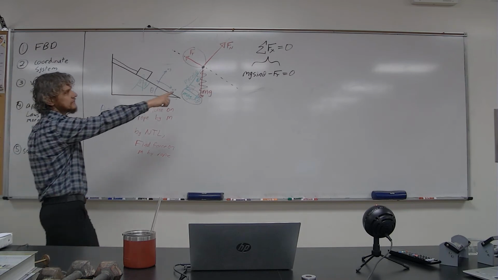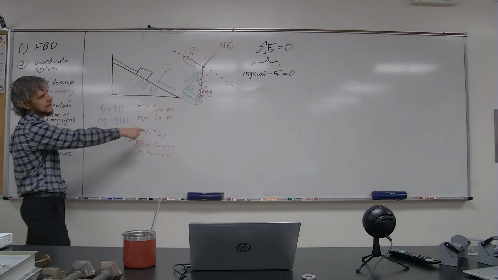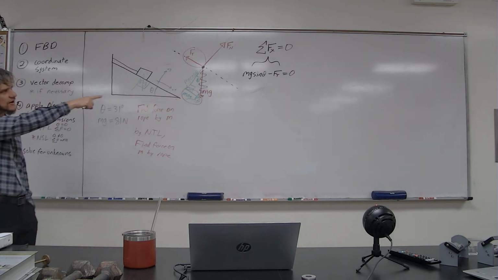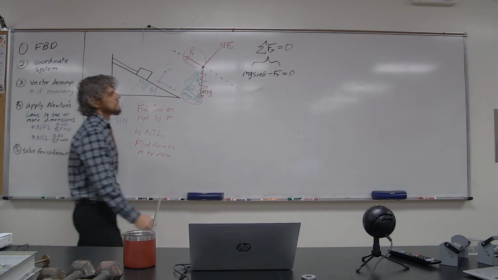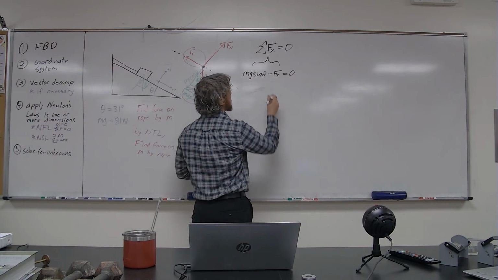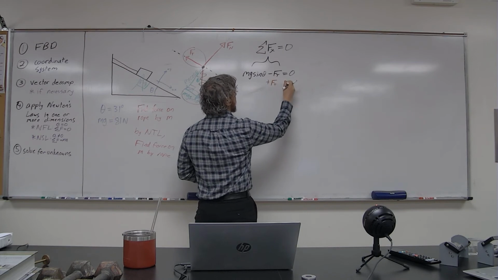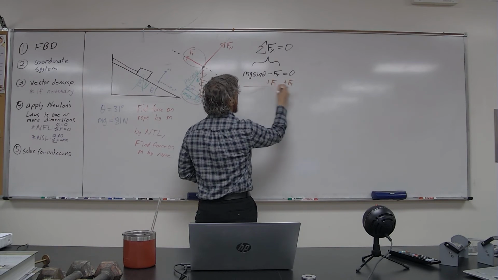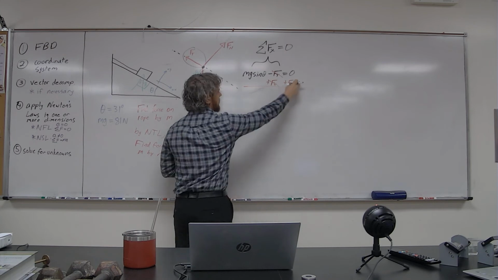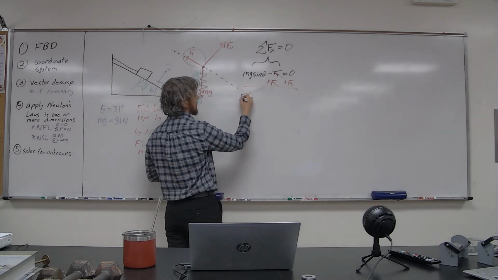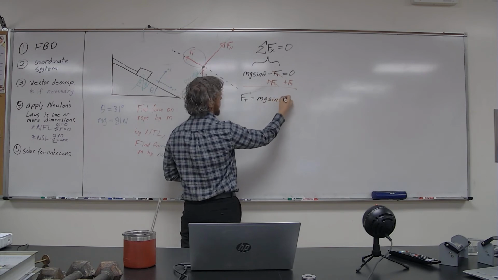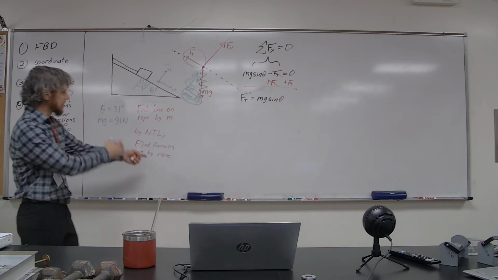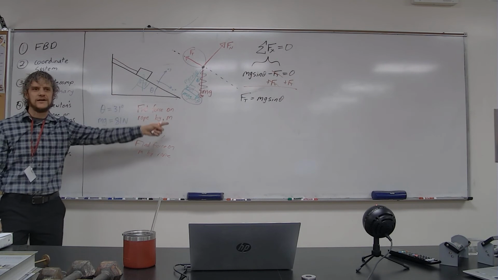I need mg. I have mg. It's 81. I need the angle, 31 degrees. That's all I need to calculate the tension force according to that equation. So I just add the tension force to both sides. And then I like putting what I solve for on the left, so I have the tension force is now equal to mg sine theta.